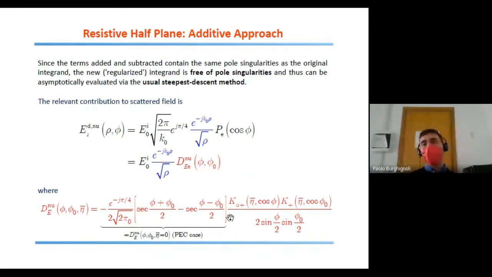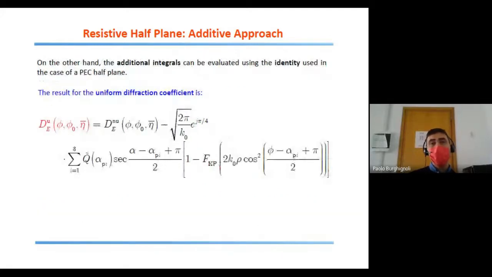However, this is weighted by something more, which contains the split functions that occur in the resistive sheet case. In addition to that, of course, you have to include also the contributions that have been extracted out, and they contain the transition function, for example, the Kouyoumjian-Pathak transition function.